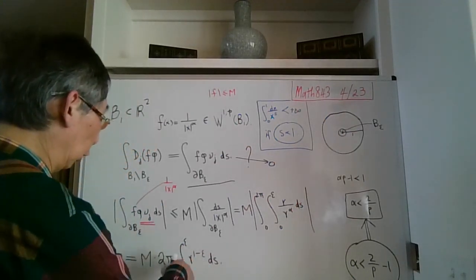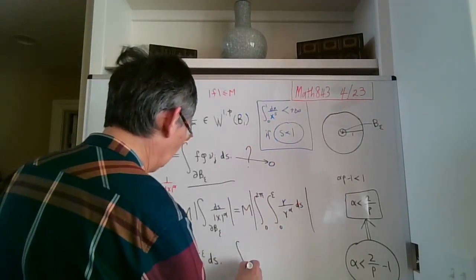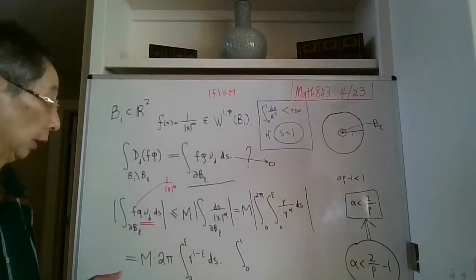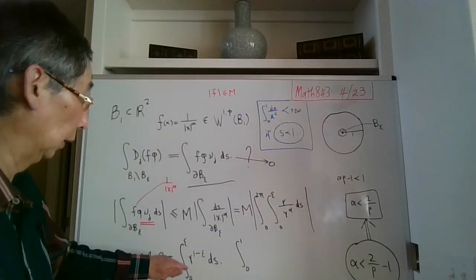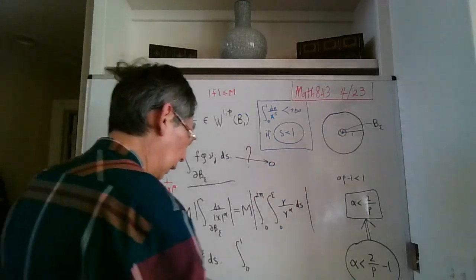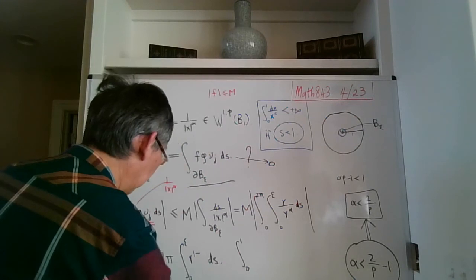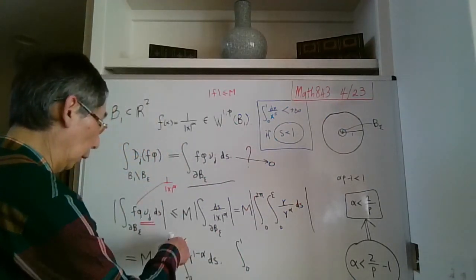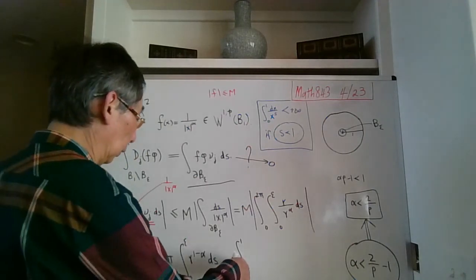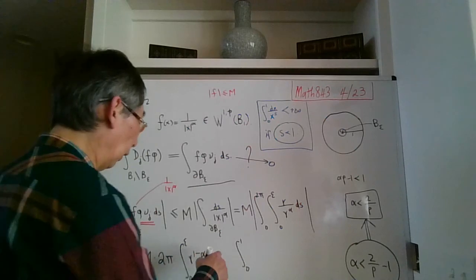In order for this to be finite, you can think about this integration from 0 to 1, for instance. If you replace this 0 to epsilon with 0 to 1, then the condition for this function to be finite is what?